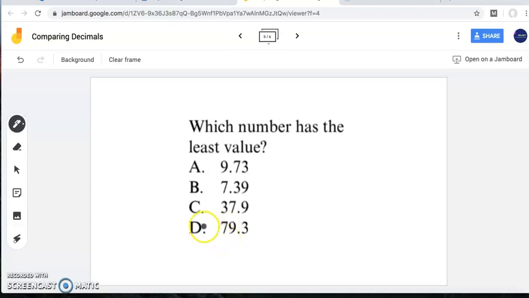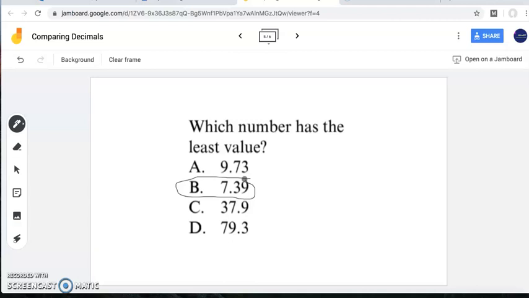So 79 and 37 right away are much larger than A and B. So now I'm going to just focus on A and B, and I'm looking at my ones place. 7 is much smaller than 9. Therefore, 7 and 39/100ths is the smallest value, or the least value.